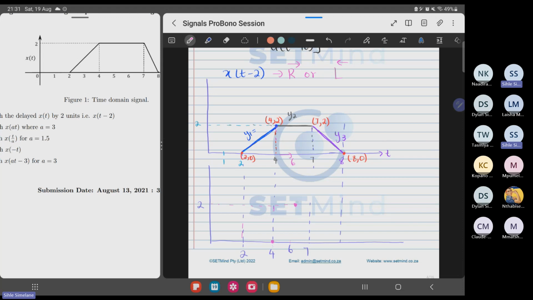That's the point there, because it should be at 2 also. And then we look at that corner, which is at 7. We need to move it by 2 to the right. So meaning if it was at 7, when we move it by 2 units to the right, here I should have 8, and then I should have some 9 somewhere here.